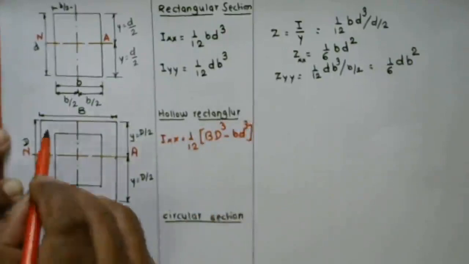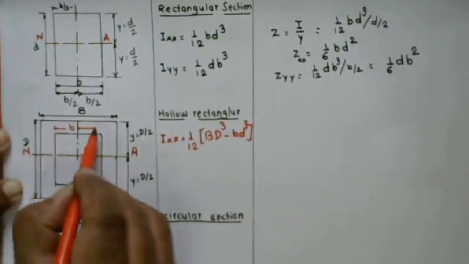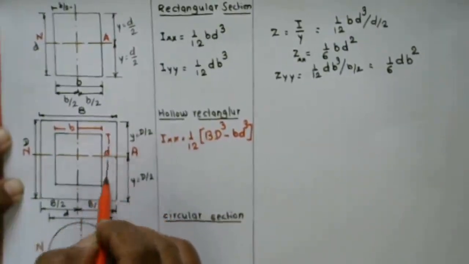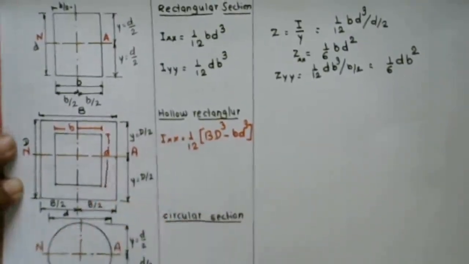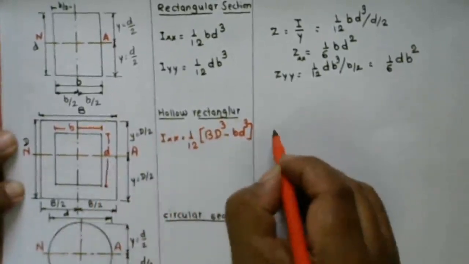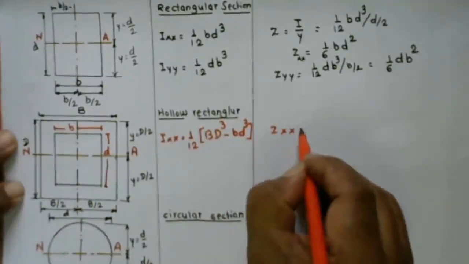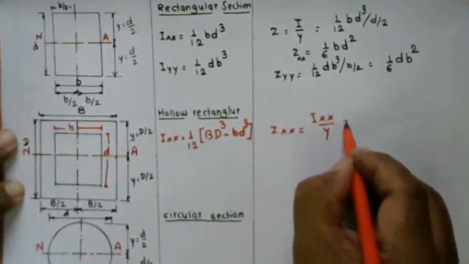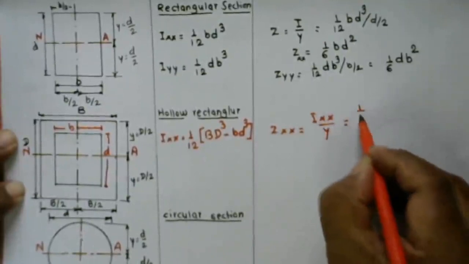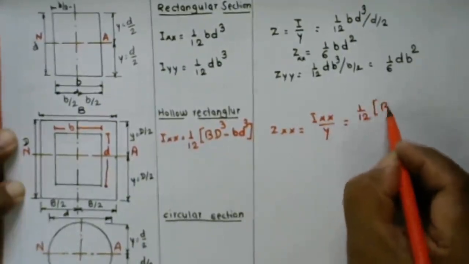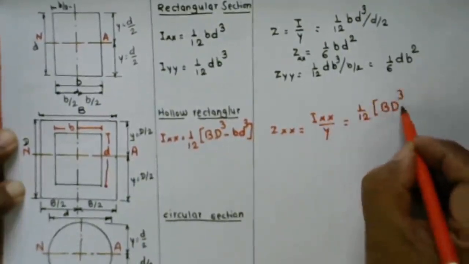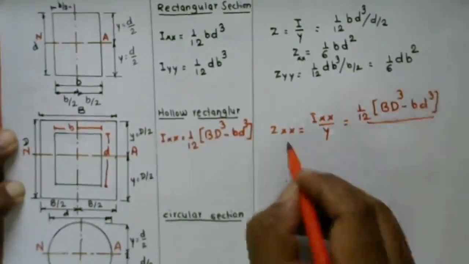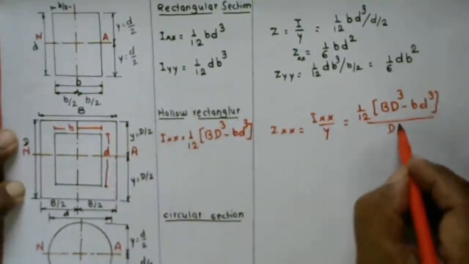Small b means the inner width of the section, and small d is the depth of the inner section, that is d. So in that case you may say Zxx is equal to Ixx upon Y. So Ixx is equal to 1/12 (BD cube minus small bd cube), divided by Y, where Y means capital D by 2.